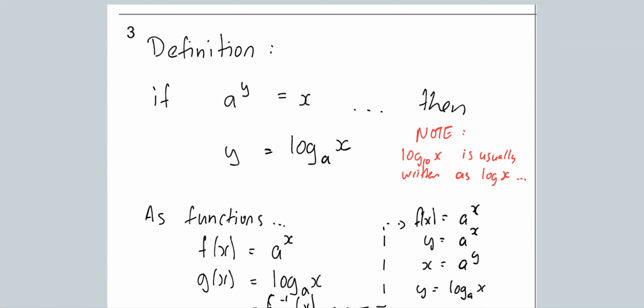We now not only have a new operation, which is logs, we also have an inverse function for the exponential function.